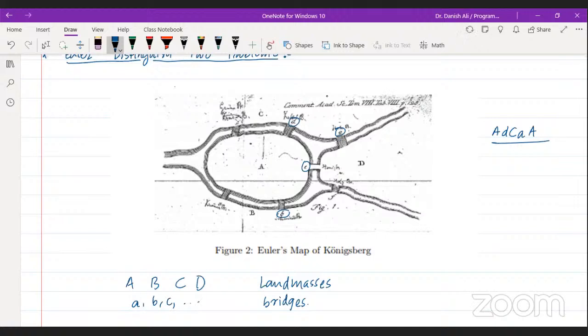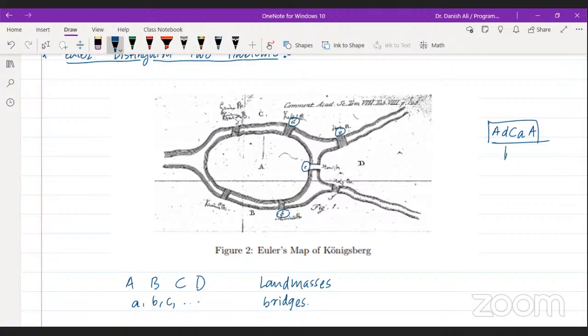In other words, you are denoting the whole journey of a person, the whole walk of the person, somebody walking around these bridges. So suppose he walks from A to C using bridge d, and then C to A using bridge small a.